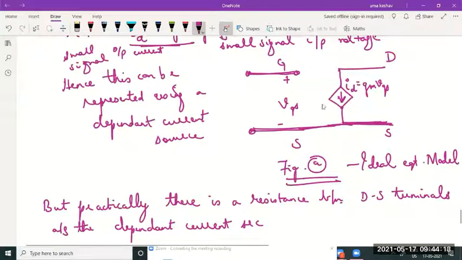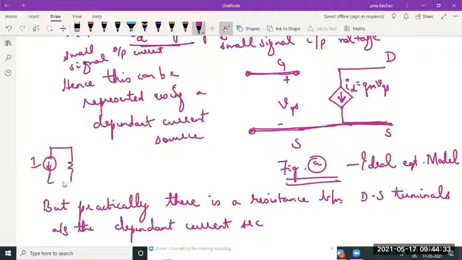If this is an ideal current source, it won't have any parallel impedance. Yes or no? Ideally, an ideal current source has no parallel resistance. But a practical current source will always have some impedance or resistance in parallel. Similarly, an ideal voltage source will not have a resistance in series, but a practical voltage source will always have a resistance in series. Remember this.